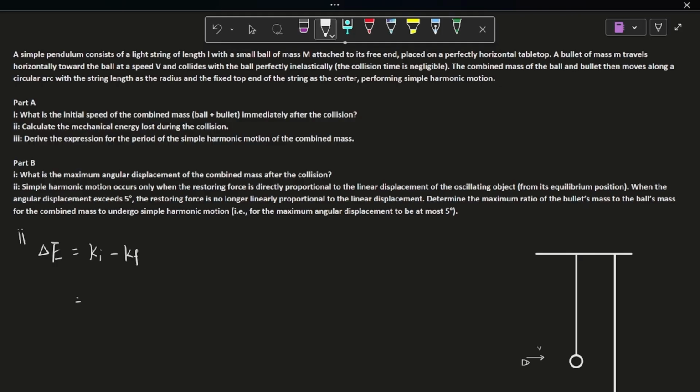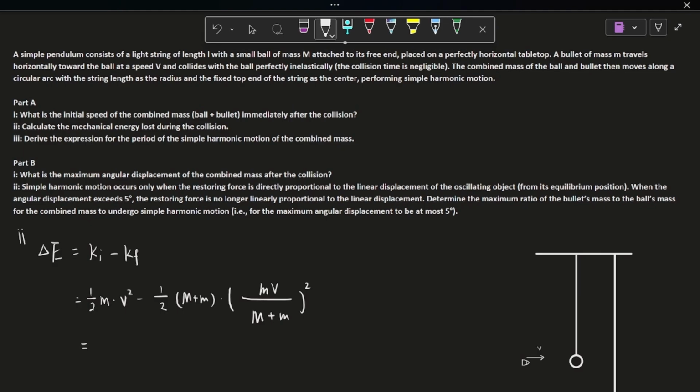Initially, the mechanical energy the entire system has is simply equal to 1/2 the mass of the bullet, lowercase m, times v squared, minus 1/2 the combined mass, big M plus small m, multiplied by the initial speed of the combined mass we solved from the last part, which is mv over (M plus m), squared.